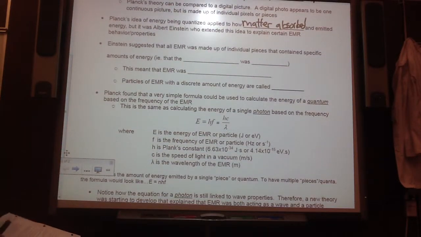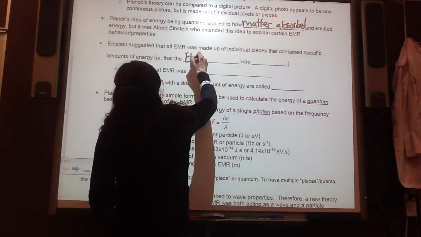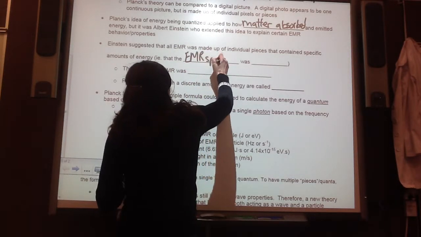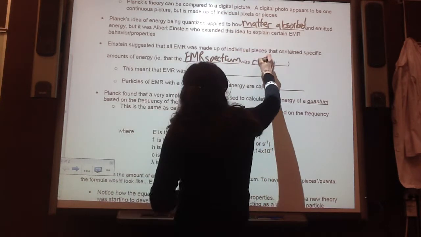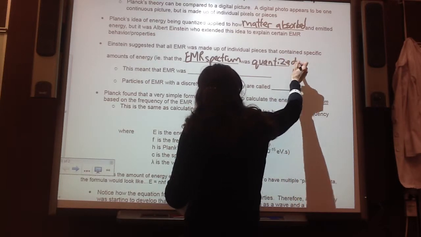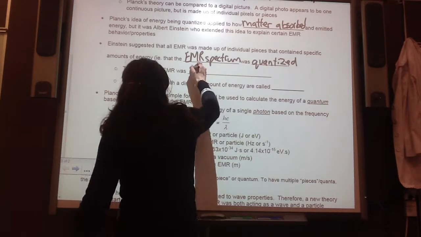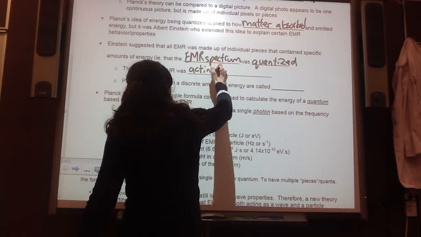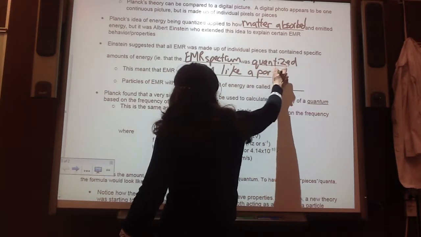Einstein suggested that all EMR was made up of individual pieces that contained specific amounts of energy, i.e. that the EMR spectrum was quantized. This means that EMR was acting like a particle.